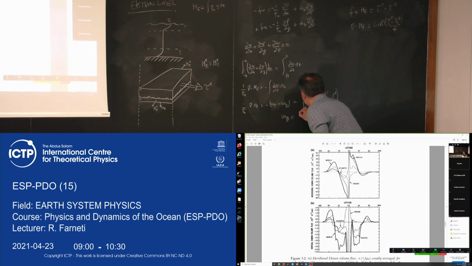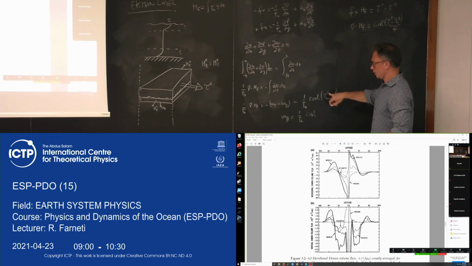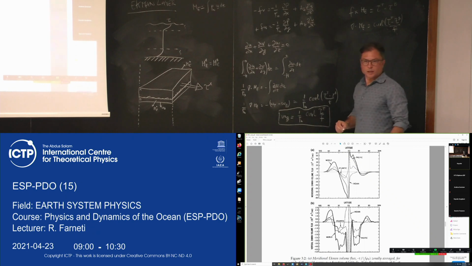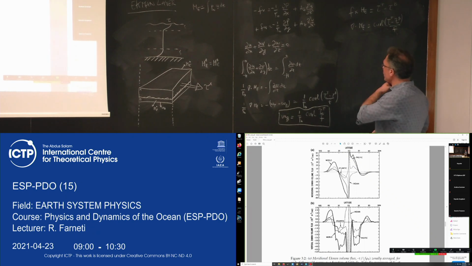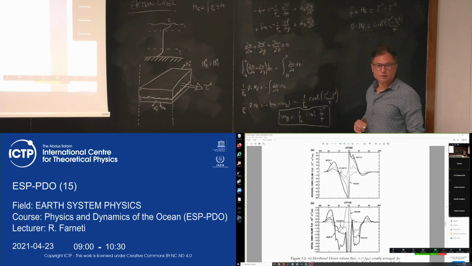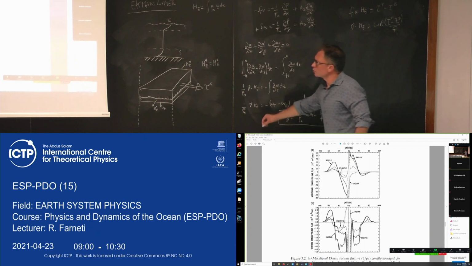Okay, minus minus is plus. This is 1 over rho curl of tau top is not 0, but tau bottom is 0. Tau top over f. And so this is the vertical velocity at the base of the Ekman layer associated with the mass transport in the Ekman layer, total mass transport, and the divergence of the mass transport.